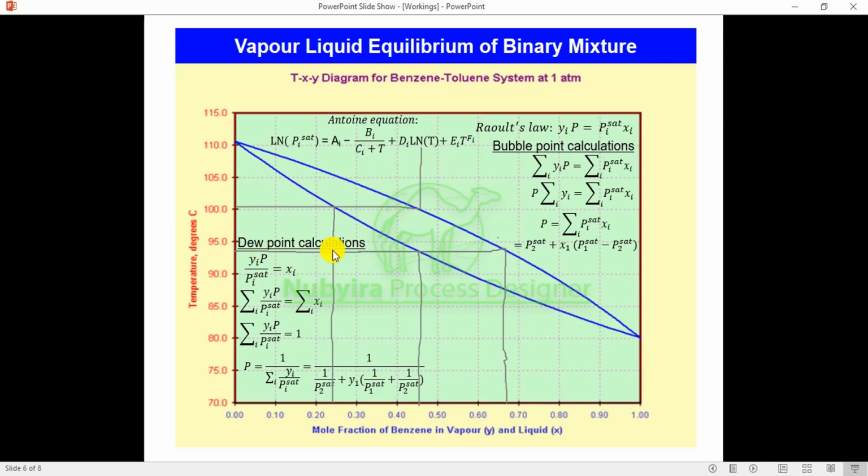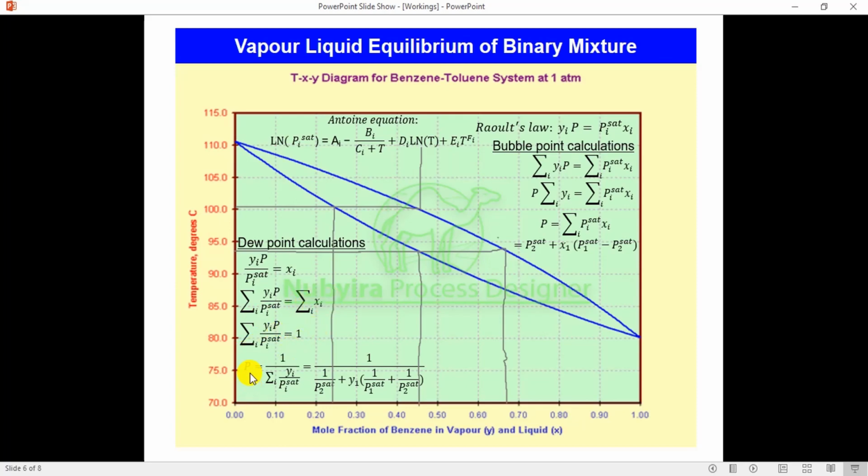So for the dew point, we are trying to readjust this equation, making xi the subject of the formula. So we have yi P / Pi sat equal to xi. Then I take the summation of both sides, saying the summation of xi is 1, you understand.